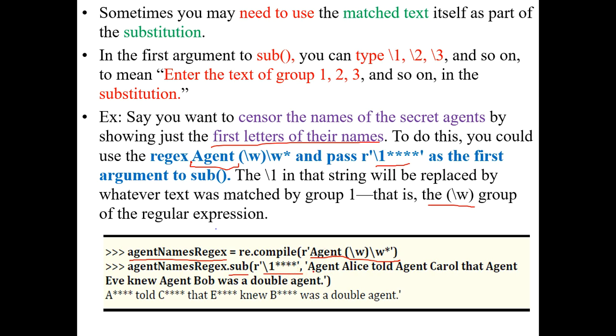When we look at this string, it starts from here to here, so the first two words are matching. So agent Alice will be replaced with four stars. As I told, from the agent name the first letter will appear, which is shown here, and the rest of the name will be replaced with four stars.